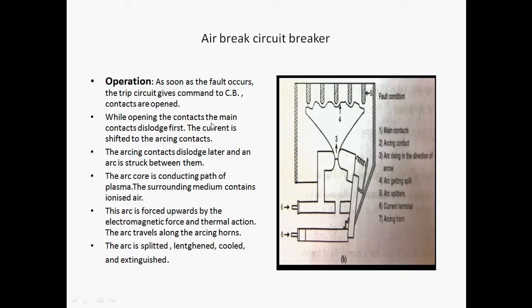While opening the contacts, the main contact dislodges first and the arcing contact dislodges later. The current is shifted to the arcing contacts. When this path is open, the total current shifts to these arcing contacts.